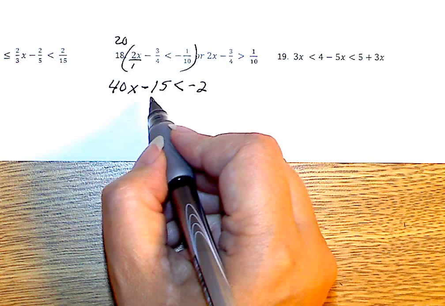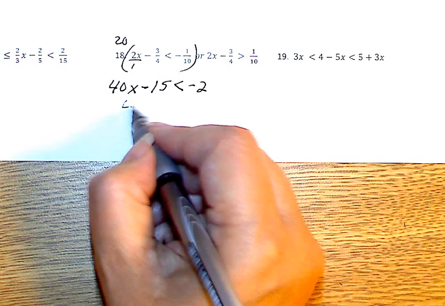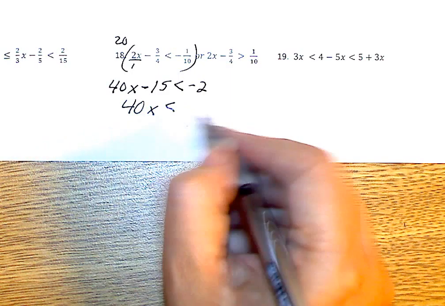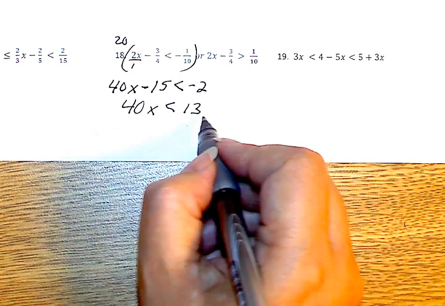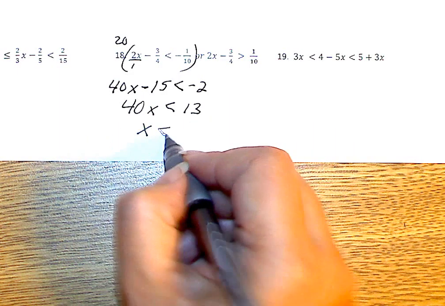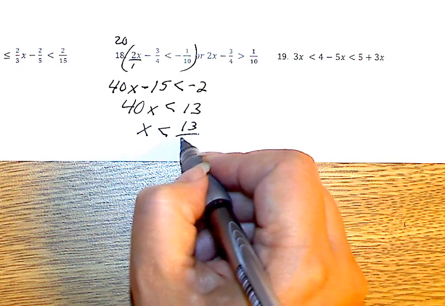Adding 15 to both sides, I get 40x is less than 13. Divide by 40, x is going to be less than 13 over 40.